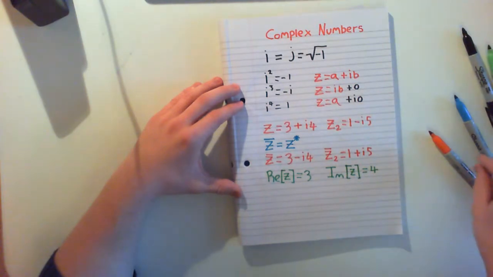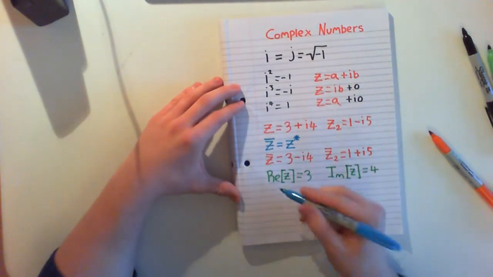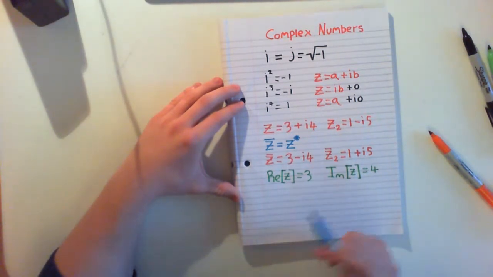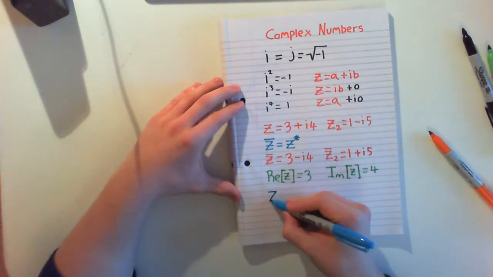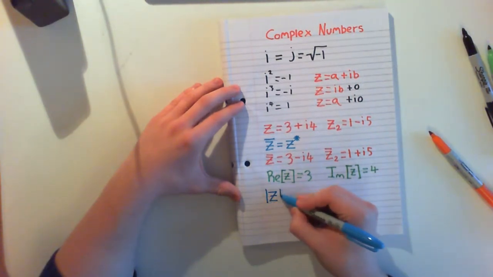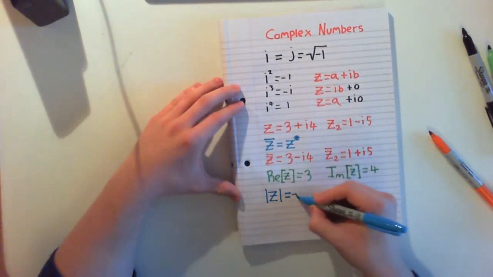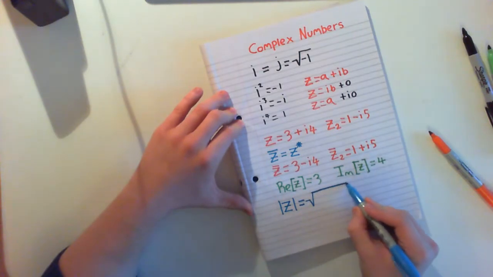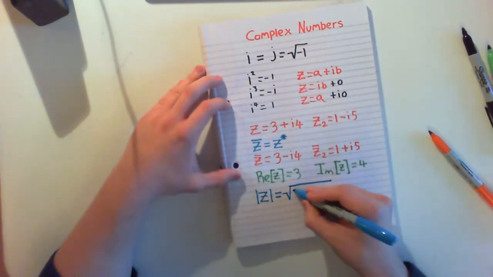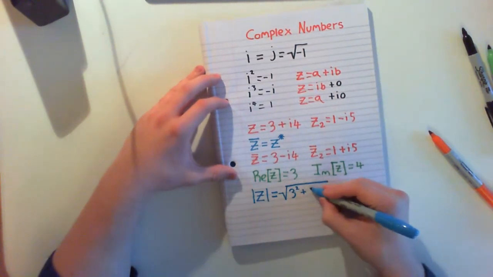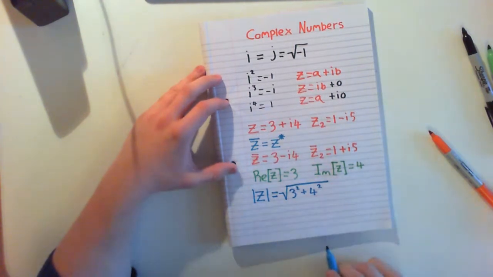We're also going to look at now the magnitudes. So the magnitude, we'll show later where this comes from when we're addressing polar coordinates, but quite simply the magnitude is denoted by the modulus symbol and is given as the root of the real term squared plus the imaginary term squared.